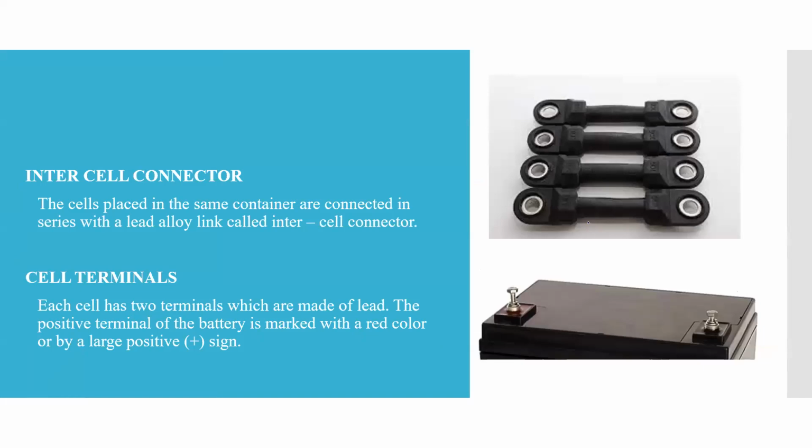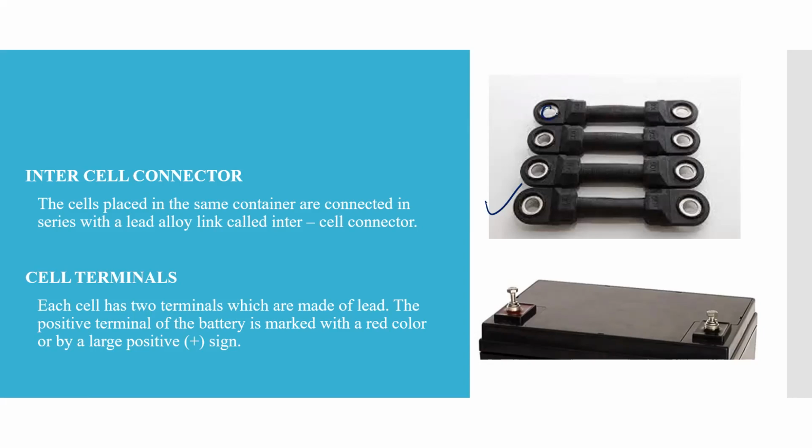Okay, then we have the intercell connector, like this. This is the intercell connector. The cells which are placed in the same container are connected in series with a lead alloy link.